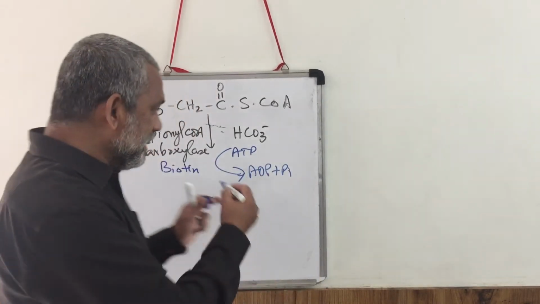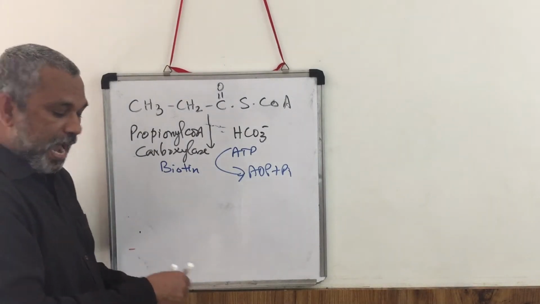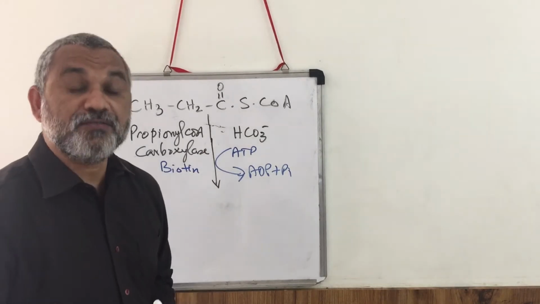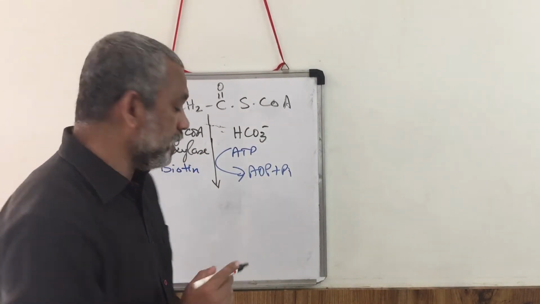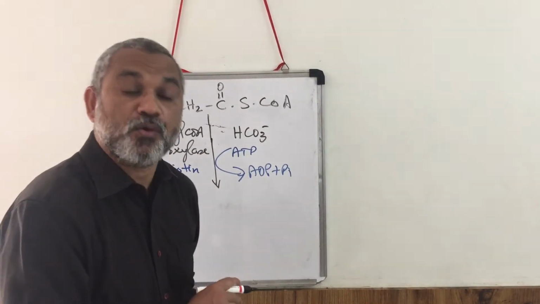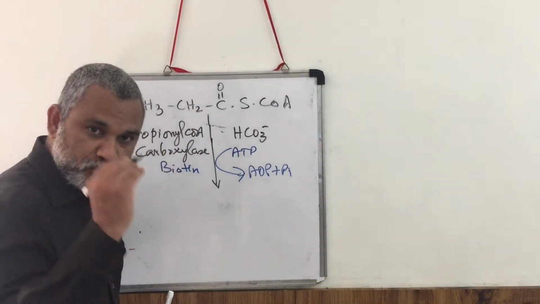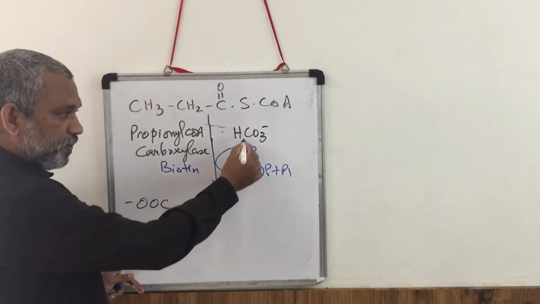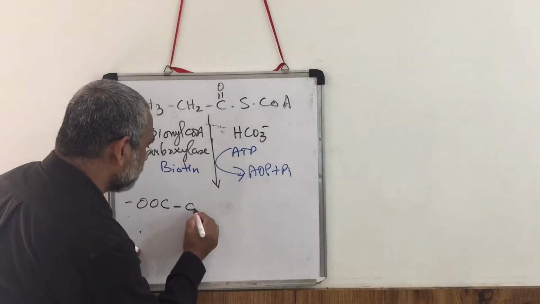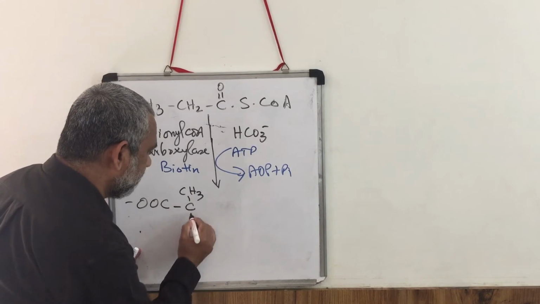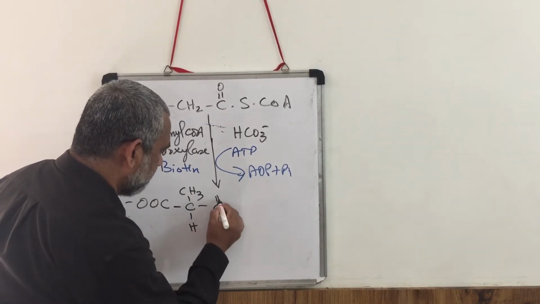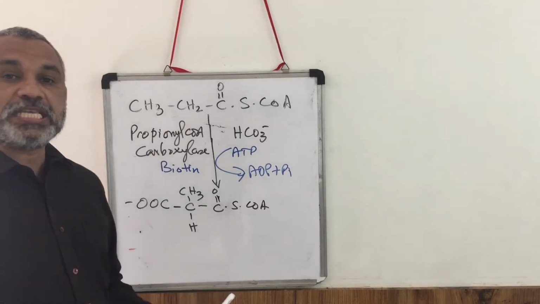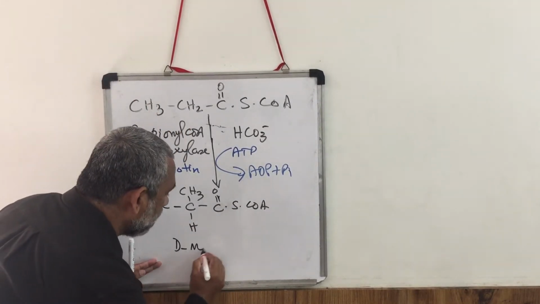So in this energy requiring process, ultimately propionyl-CoA is converted to a product called methyl malonyl-CoA. The methyl malonyl-CoA structure will be, so this is the carbon which got incorporated, bicarbonate. So this is called D-methyl malonyl-CoA.